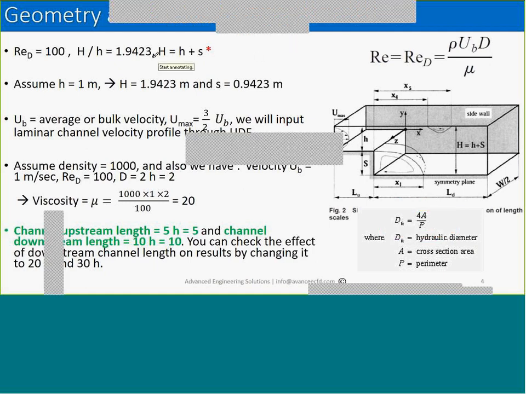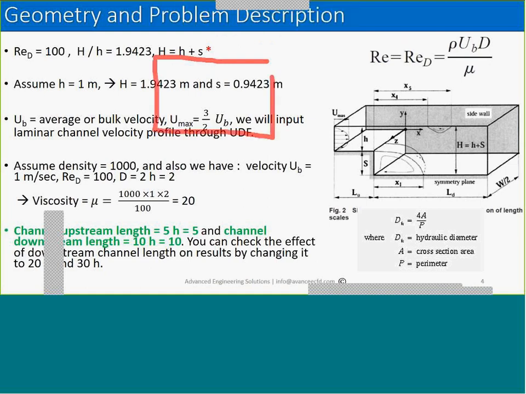So for example, for a box which has the width W and the height B, the area for the rectangle is going to be W into B, right?